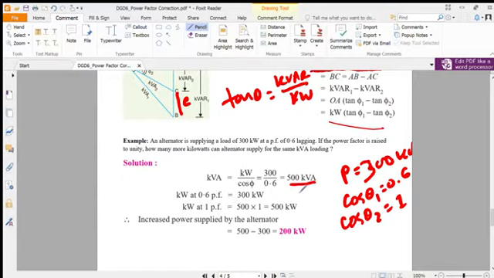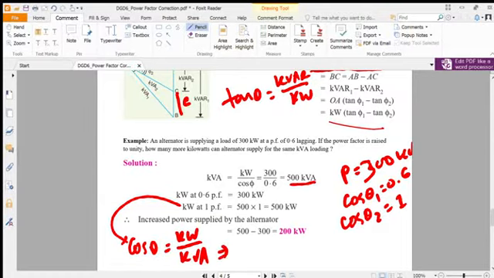So for a 500 kVA rating, the power is 300 kilowatt. Similarly, what is the formula? Cos theta equals kilowatt divided by kVA.